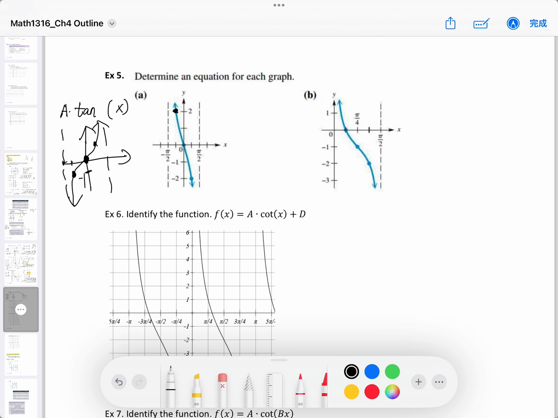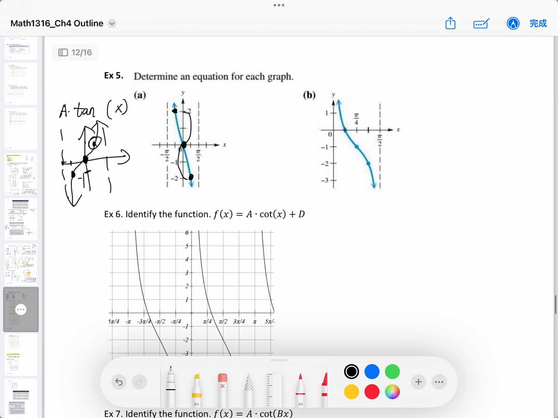And we see that in the first quarter, y's value is positive 2, and before we had -1. And then at the third quarter, this point, y's value is -2. It is the opposite, and not only opposite, we also stretch vertically. Based on the middle point, I'm going up 2 units, which means I'm stretching vertically 2 times. Going down 2 units, that means I'm stretching vertically.